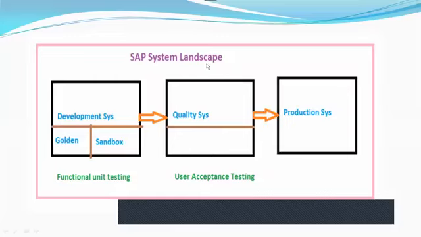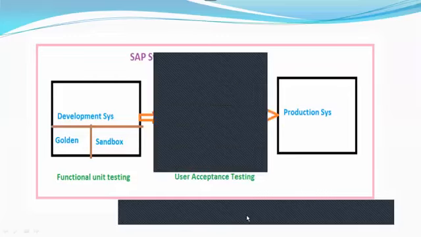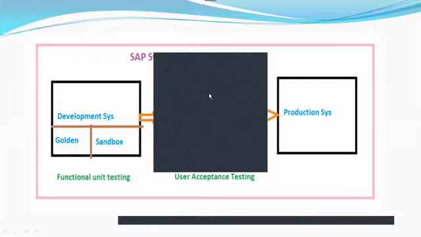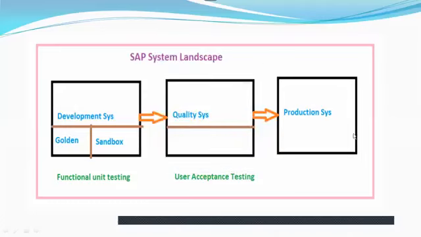You can write down SAP system landscape. SPRO means SAP program reference object. SPRO full name, SAP program reference object. You can write down on the structure, which is a transaction.